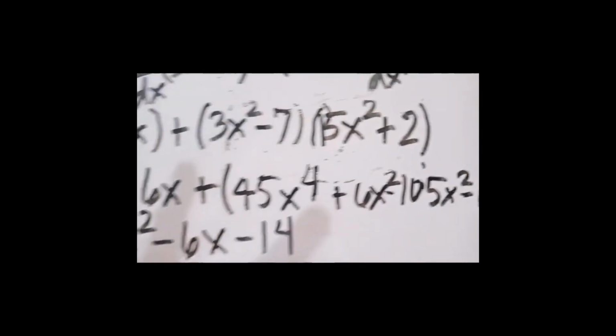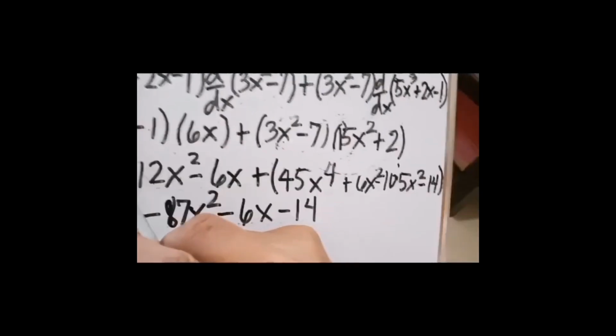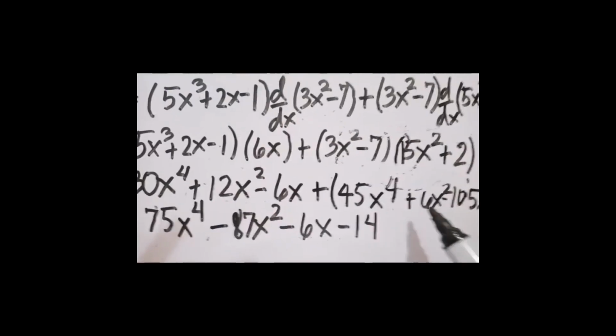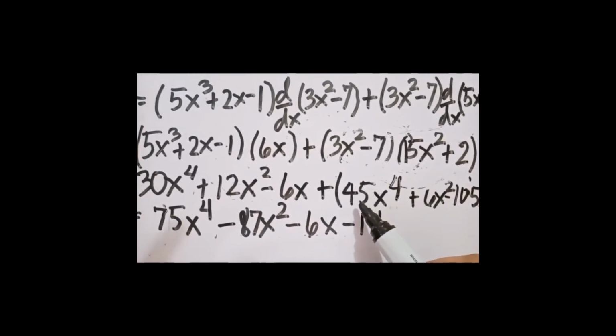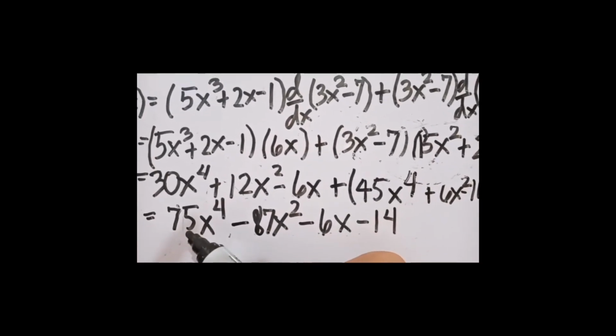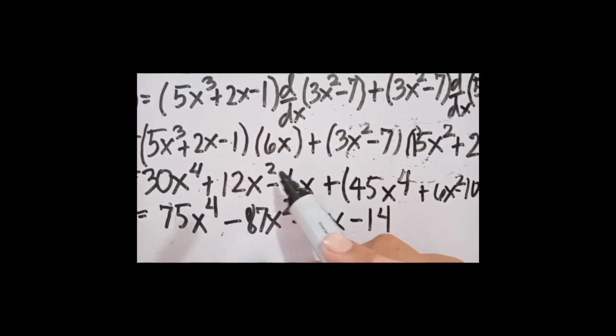Now, after that, ating hanapin ang mga common term. Since ang highest degree is 4, we have 30x to the fourth and 45x to the fourth. The sum is 75x to the fourth. The next degree is 2.